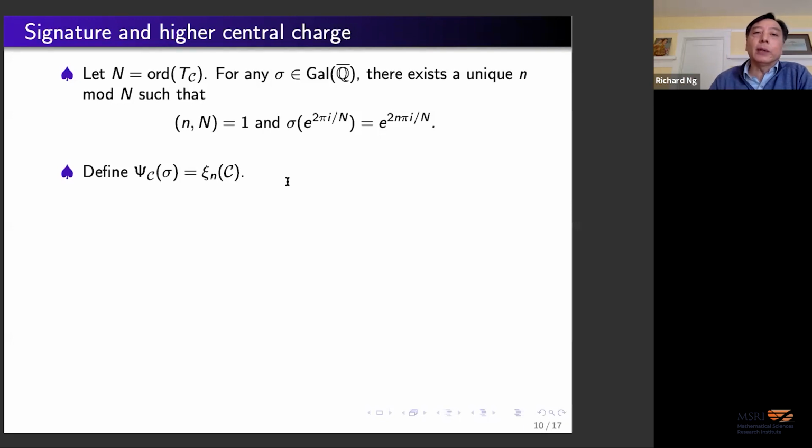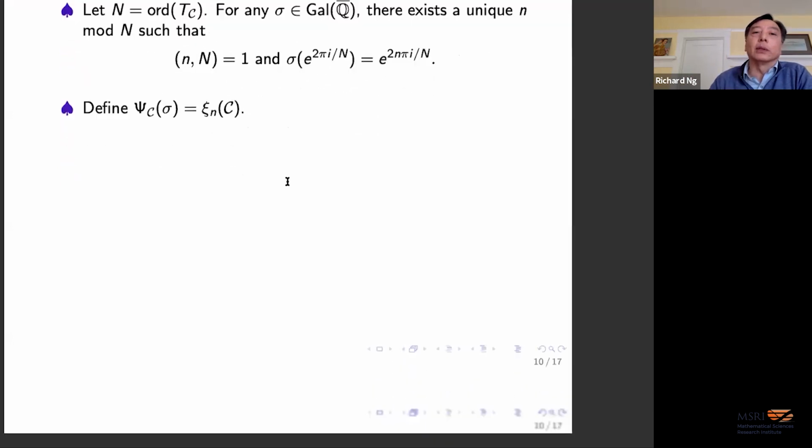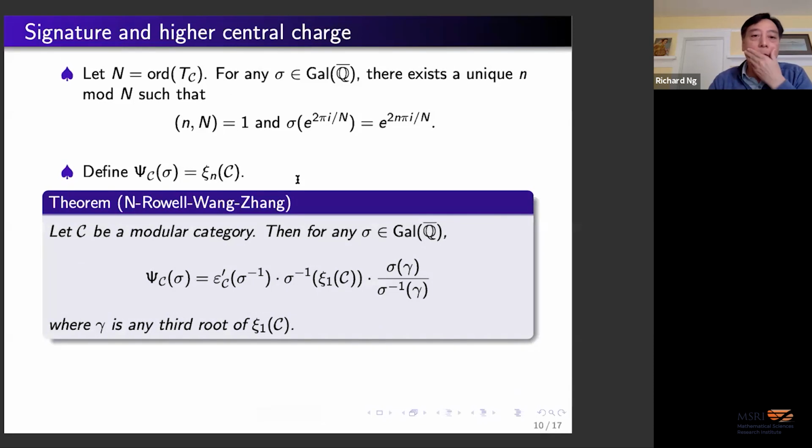Once you do that, you can write down a formula. This is the theorem of the four of us. Let C be a modular category, an arbitrary modular category now, and sigma an element in the absolute Galois group. Then you can compute this central charge of C at sigma, and you can write down such a formula.